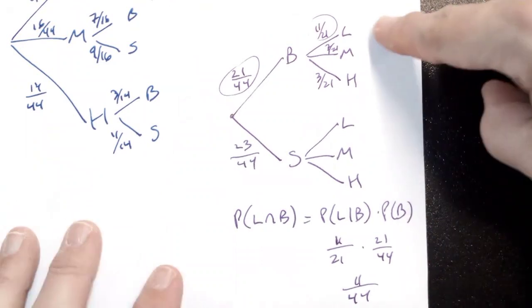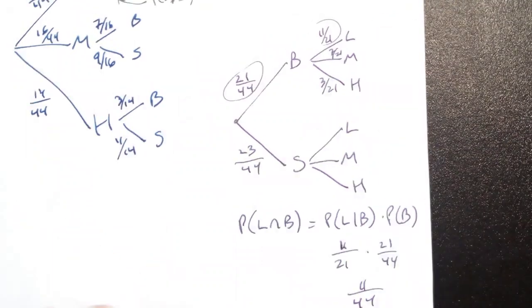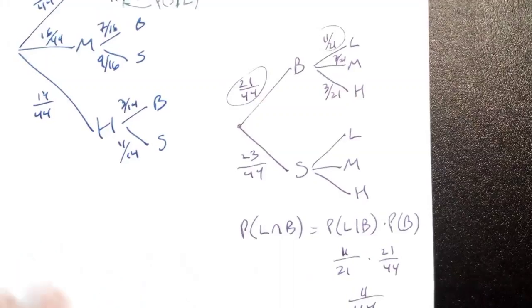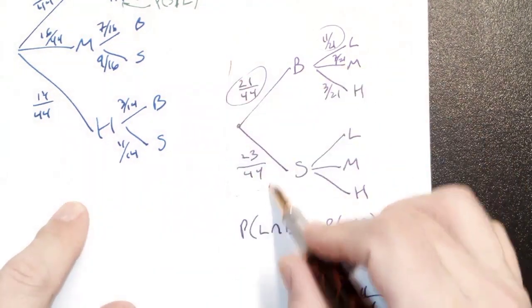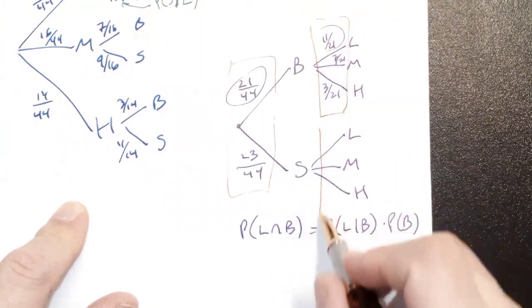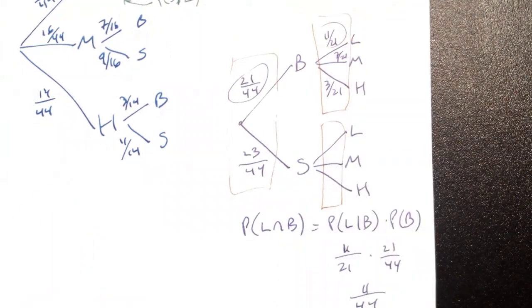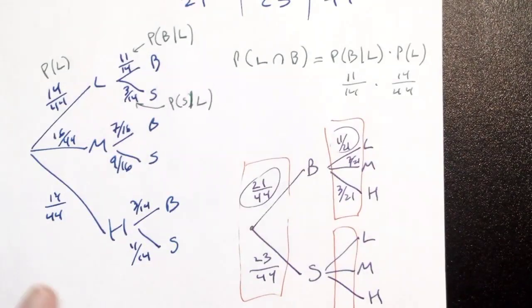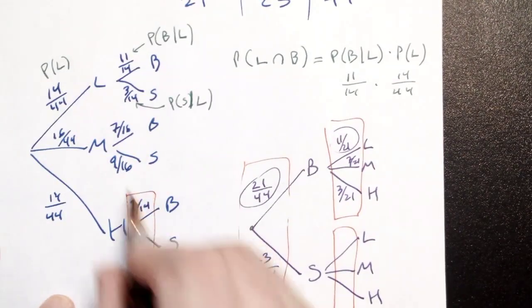If I were to work out all 6 of these, those numbers would add up to 1. Up here in this group, these numbers add to 1. These numbers add to 1. When I figure them out, those numbers will add to 1. Back in this table, these numbers add to 1.